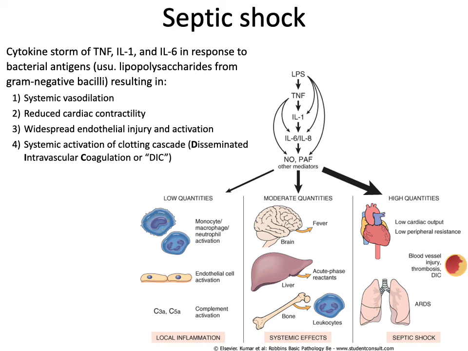DIC results when there is sepsis, and what's going to happen is, aside from the shock, the body forms small clots everywhere in the body. Hence the name disseminated intravascular coagulation, and as a result, you tend to have small microclots that lodge everywhere in the body, especially in the smaller blood vessels.